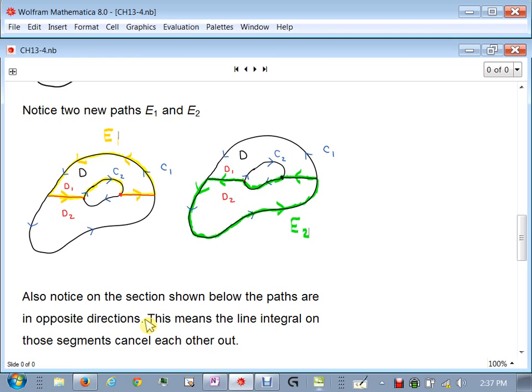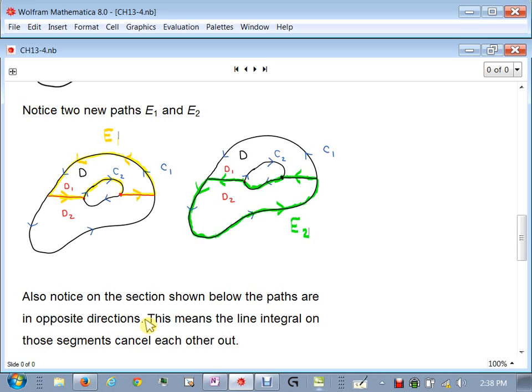But what about orientation? Which way are we oriented here with C2? Yeah, but the orientation here is clockwise, right? This one, C1's fine.